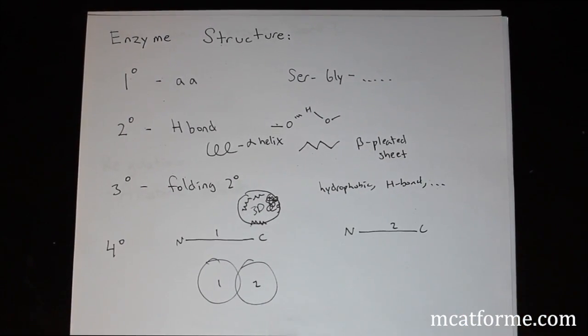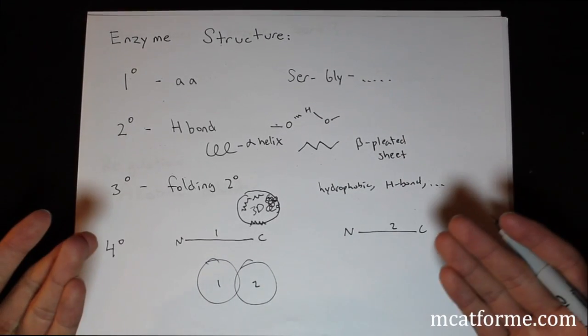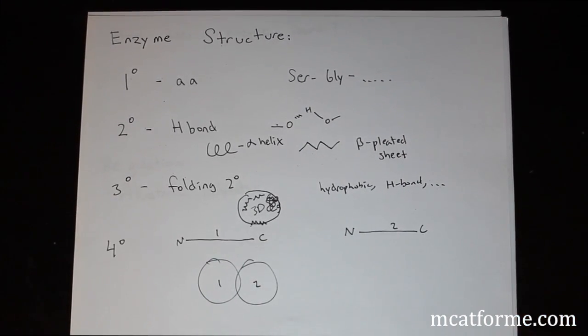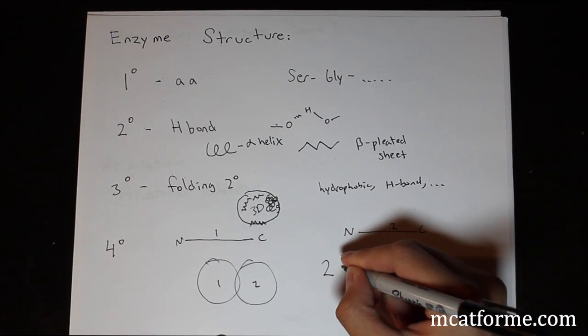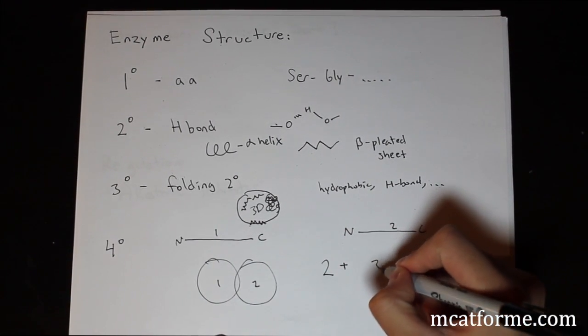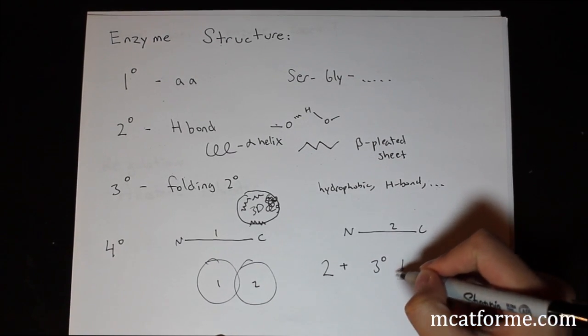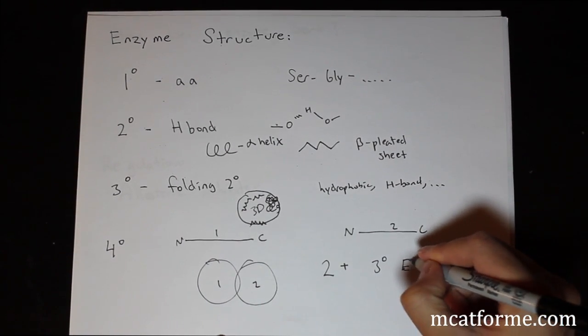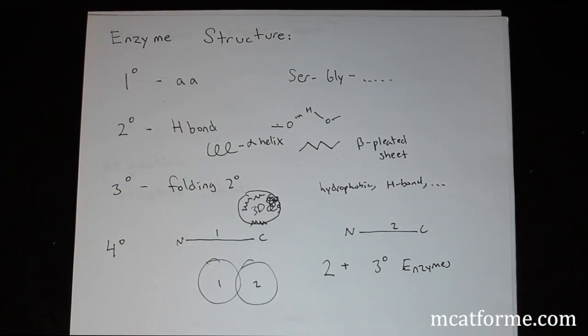If they're put together like that, probably through disulfide bridges, hydrogen bonding, hydrophobic interactions, that would be a quaternary structure. So it's the combination of two or more tertiary enzymes or proteins, whatever you want to call them. We'll just call them two or more tertiary enzymes together, right?